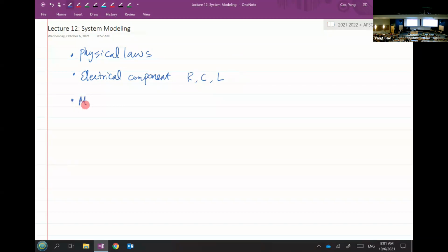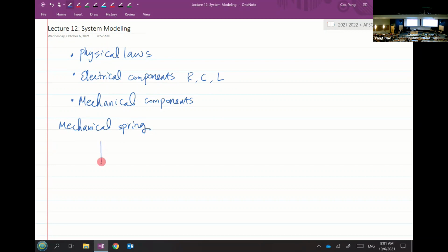Now today, let's continue this. Let's look at some mechanical components. First component is the mechanical spring. We started on the mechanical spring already, so let's do that a little bit again here.